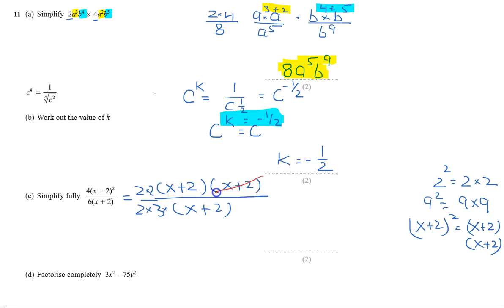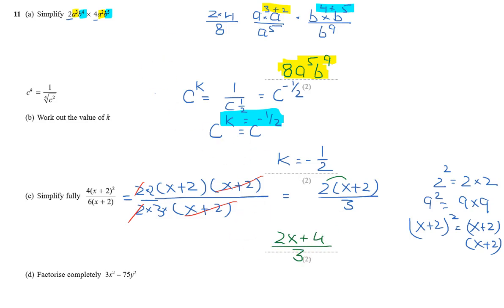Now this (x plus 2) is cancelled by this (x plus 2). 2 and 2 can be cancelled. So remaining is 2 times (x plus 2) over 3. We can open the brackets and write it as 2 multiply x is 2x, 2 multiply 2 is 4, divided by 3. So this is the answer.